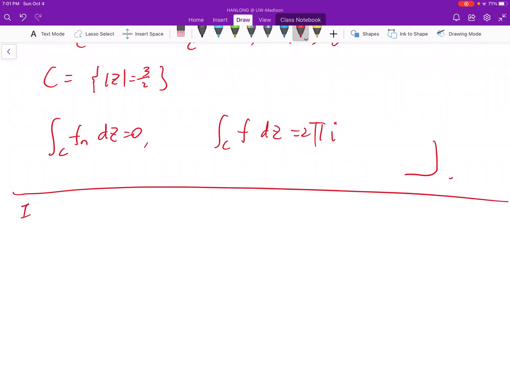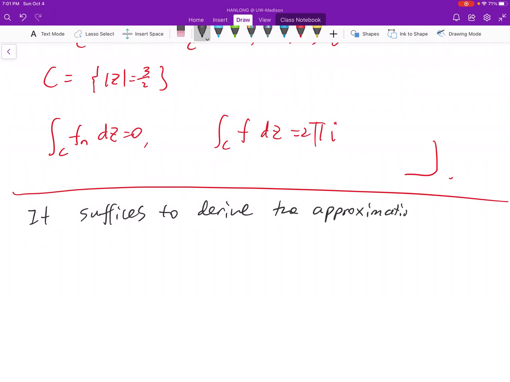Notice that by the previous approximation for rational functions, it suffices to derive the approximation for 1 over c minus z for some c in the complement of the compact set.